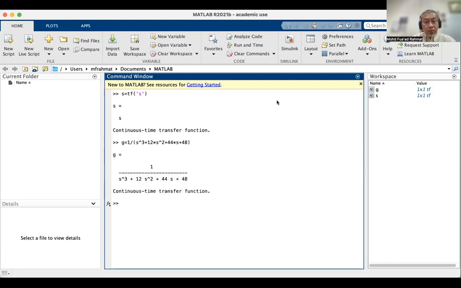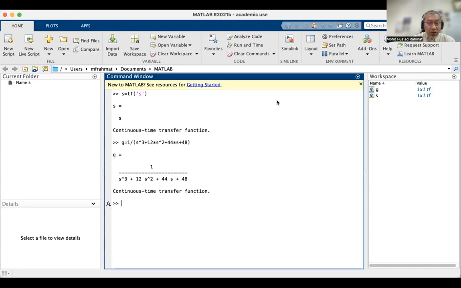This is the open loop. Sorry, a root locus is based on the open loop. Then if we want to see the time response, we have to write a program so that G will become closed loop.